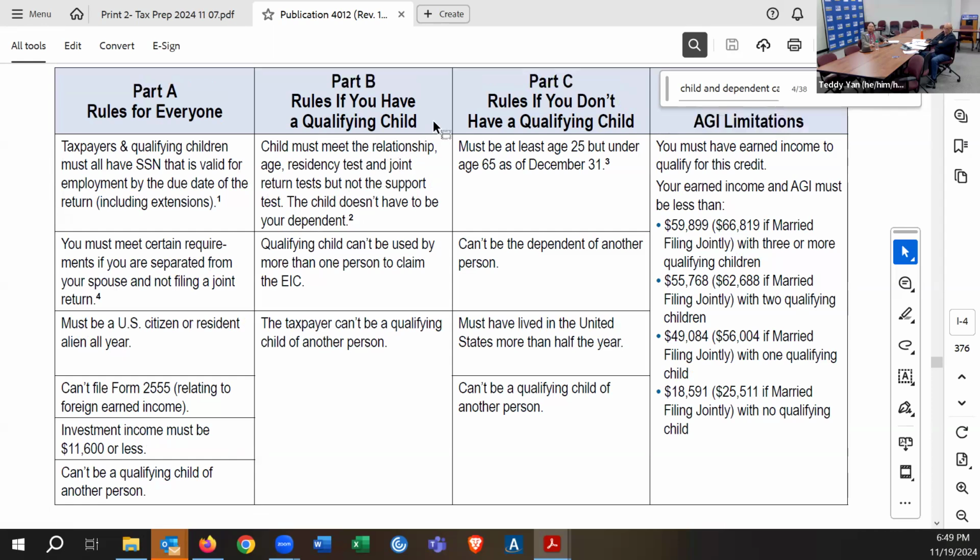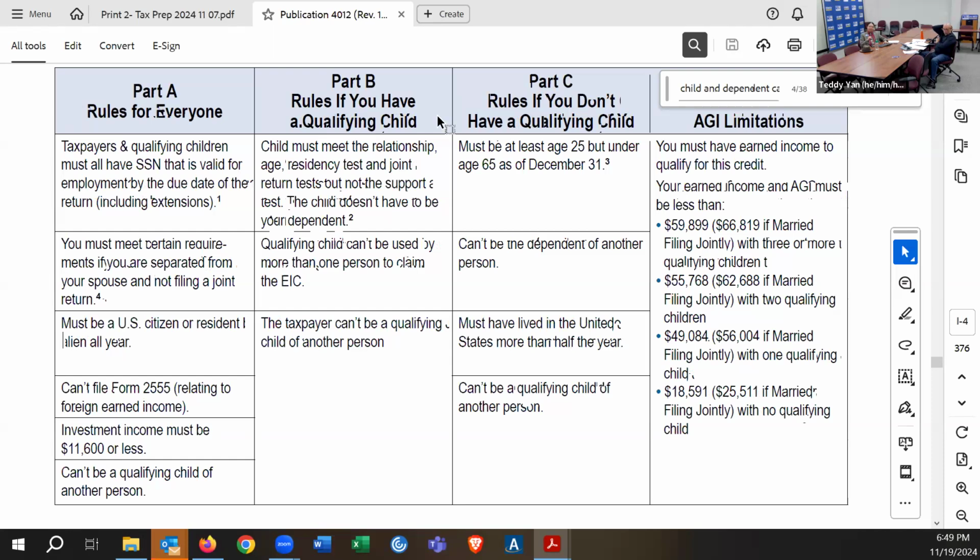So what defines a qualifying child in this case? Is Dottie Kat's qualifying child for earned income tax credit purposes? Dottie must meet the relationship test, the age test, the residency test, and the joint return test, but not the support test.